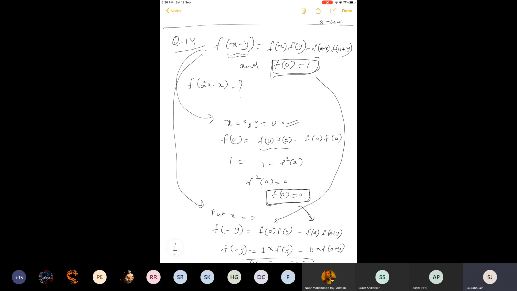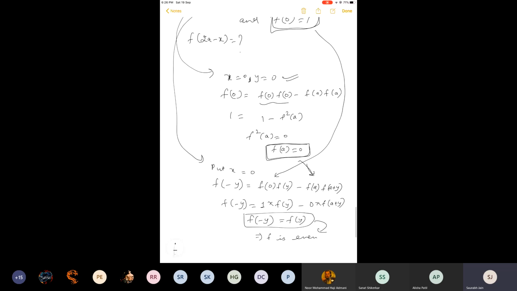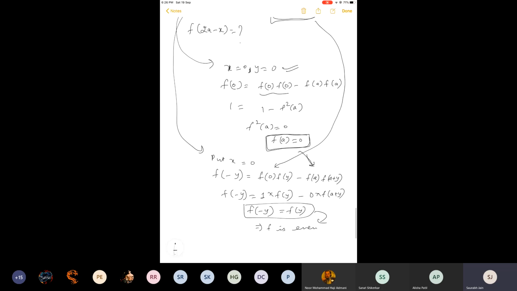I think this substitution can work. In place of x, whatever substitutions we are doing, put x equal to 0, okay, whatever we are doing in the given equation only, and we have to find f of 2a minus x.